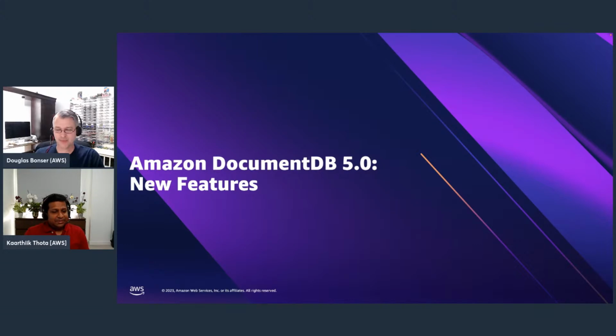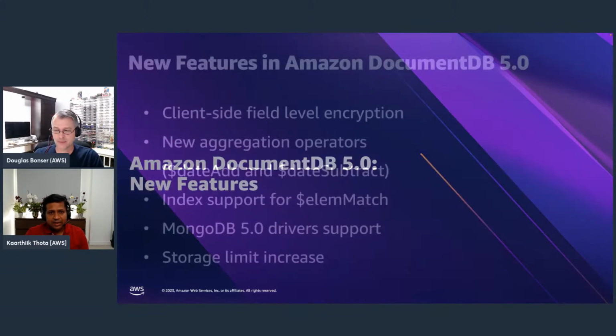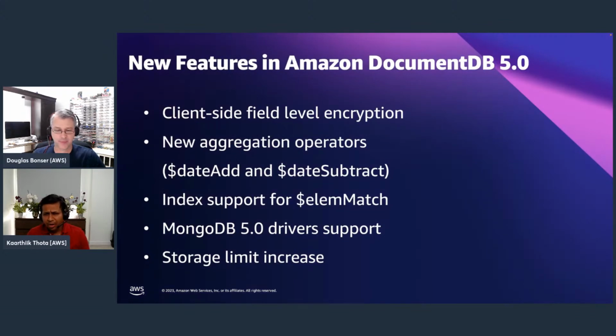I'll be talking about the new features in DocumentDB 5.0. We launched DocumentDB 5.0 on March 1st, and it comes with a lot of new major features like client-side field encryption. With client-side field encryption, users can encrypt a particular part of the data in their collection.